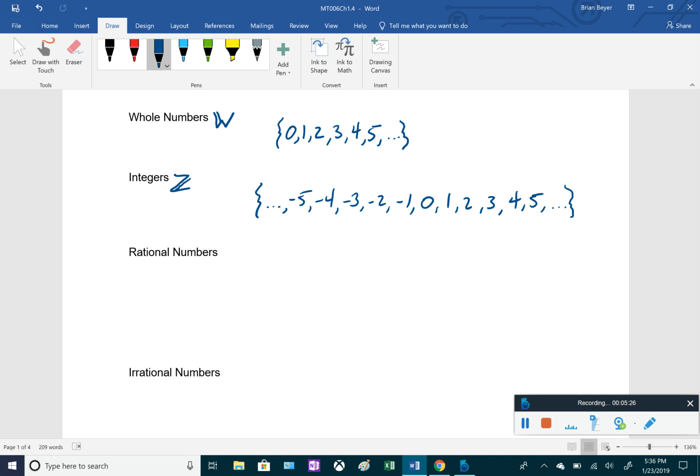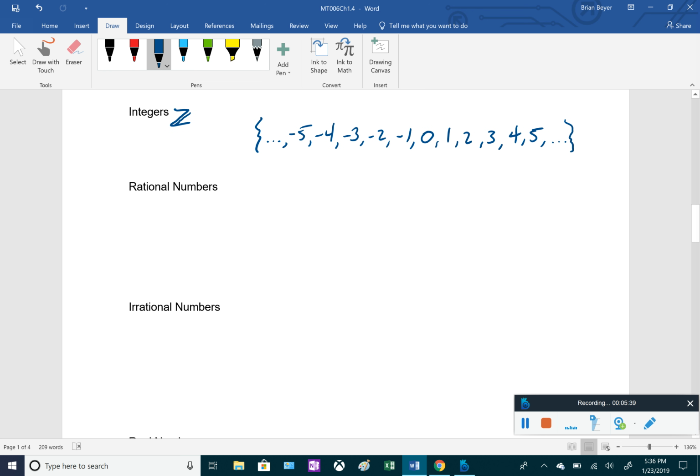That's how you define the set of integers, and the ellipsis on the left says it's going towards negative infinity. Hopefully those ones aren't too complicated. For the next thing, rational numbers are given a Q.